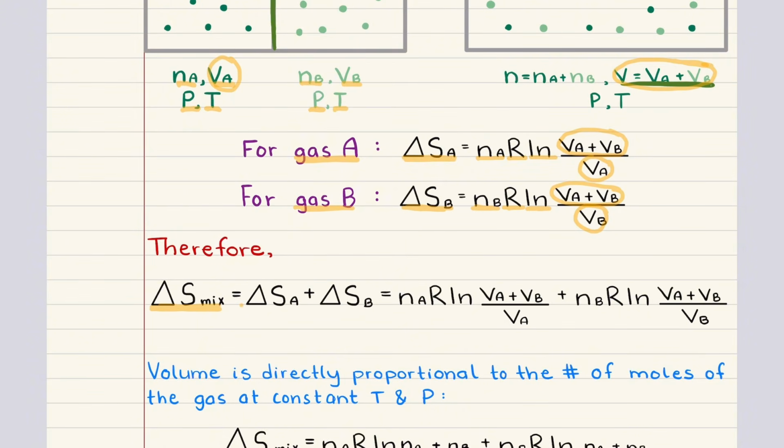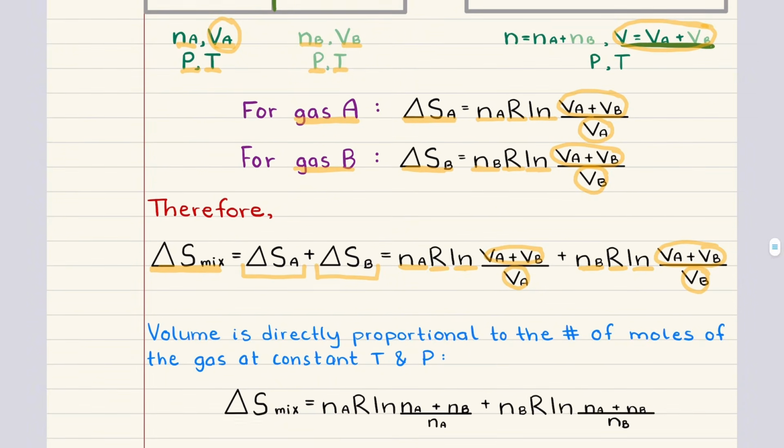So delta S mix equals delta SA plus delta SB, which expands to delta S mix equals Na times R times the natural log of Va plus Vb over Va plus Nb times R times the natural log of Va plus Vb over Vb.